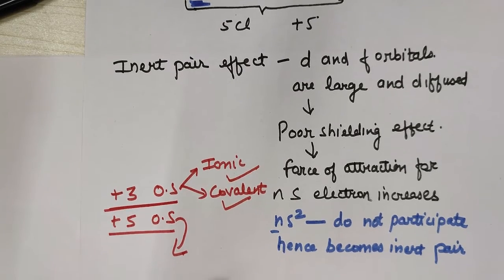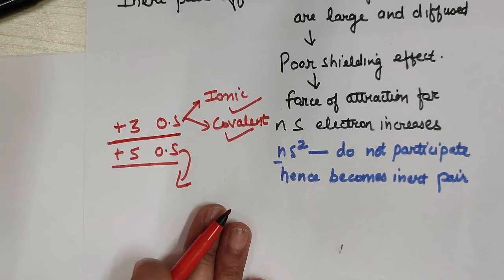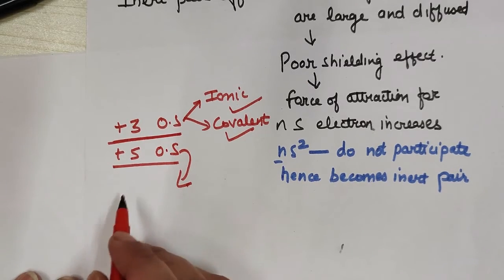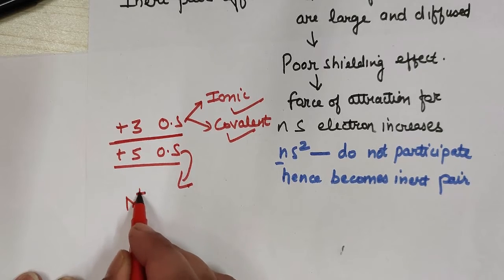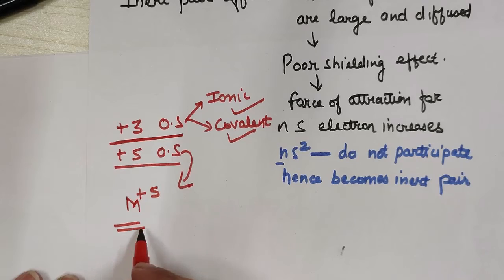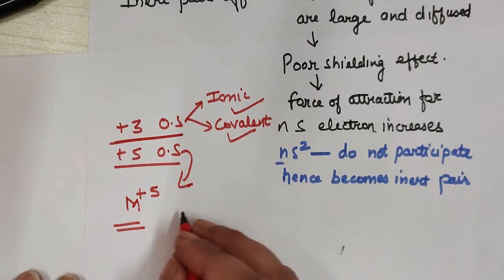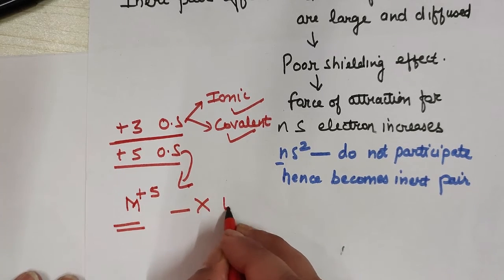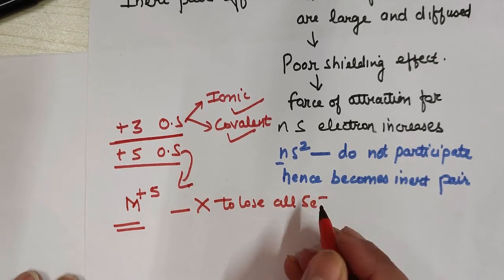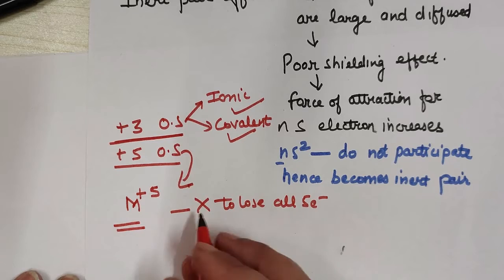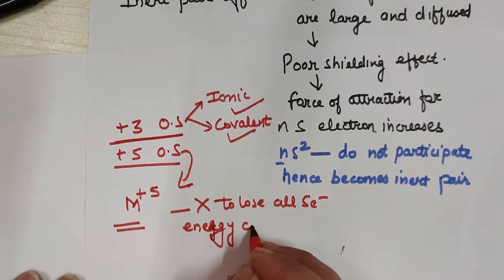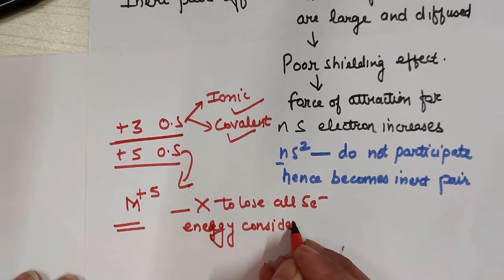But when the +5 oxidation state is there, that means this type of ion, M5+, would be formed. But it is not possible for this element to lose all 5 electrons because of energy considerations.